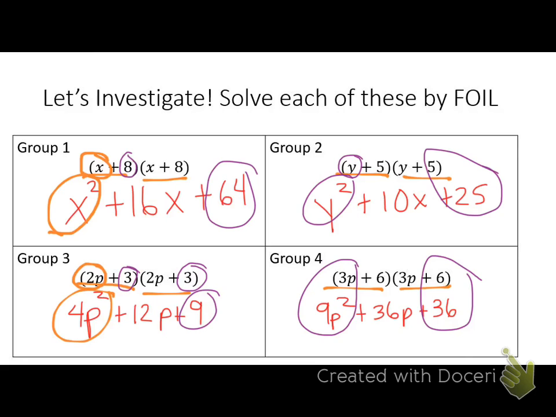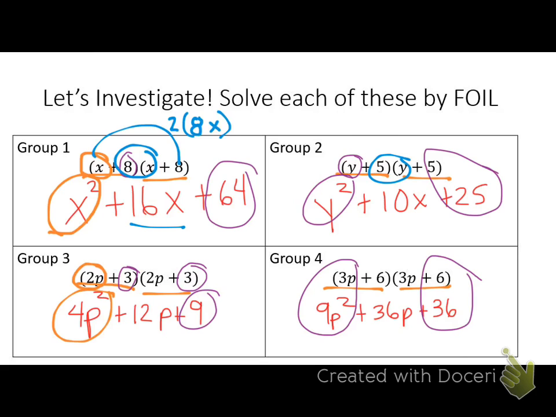Well, when you were using FOIL, one thing you did do, or you should have done, is multiplying these two and those last two together. Well, I ended up multiplying the same two things together, so I had 8 times x, but I had two of them, so I had 2 times 8x, which gives me my 16x. So does that pattern hold?